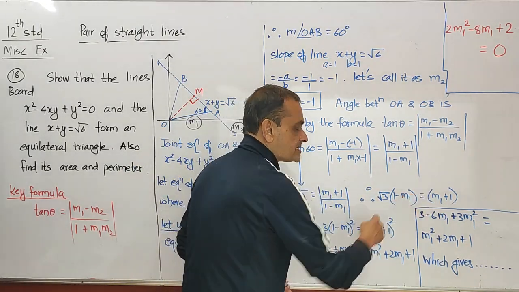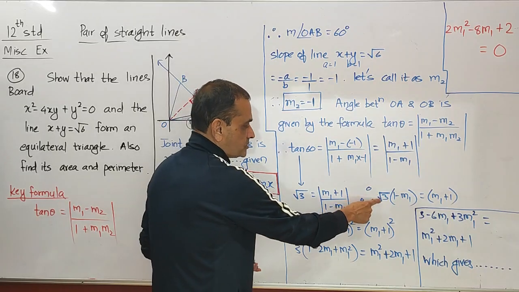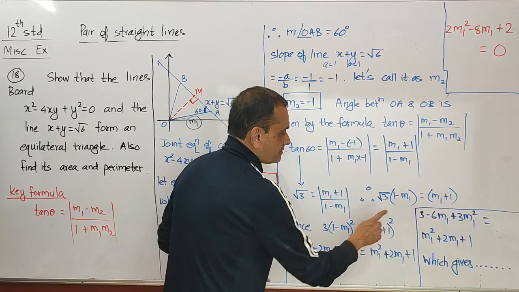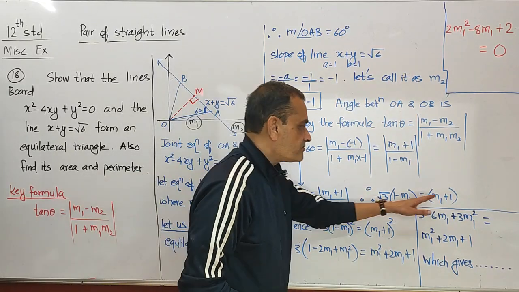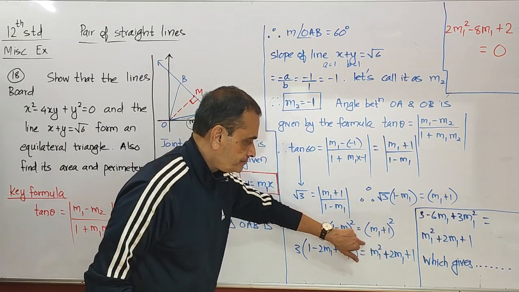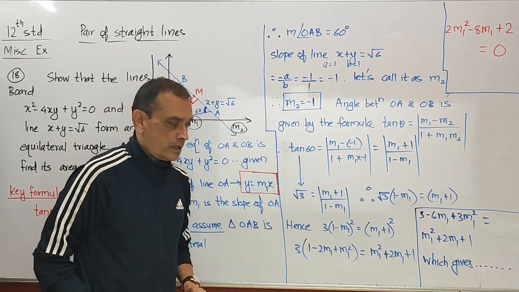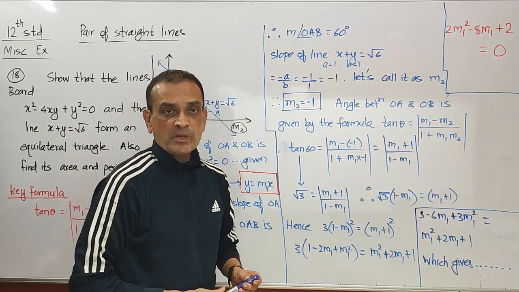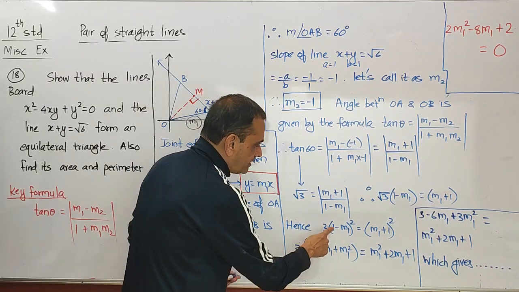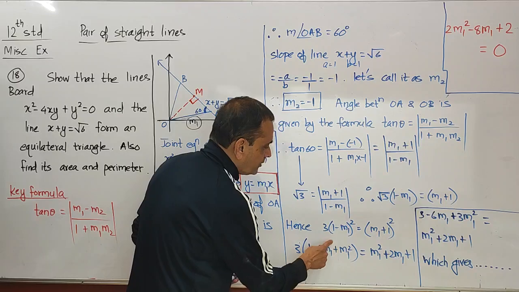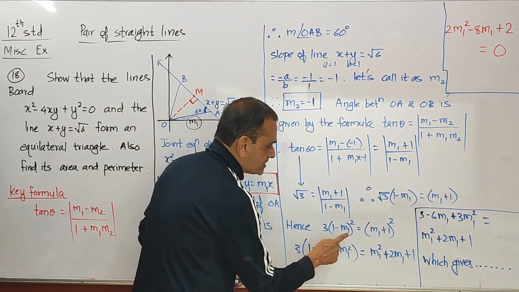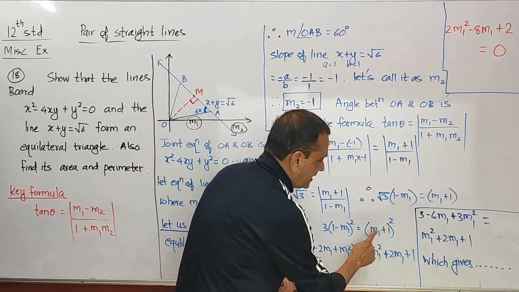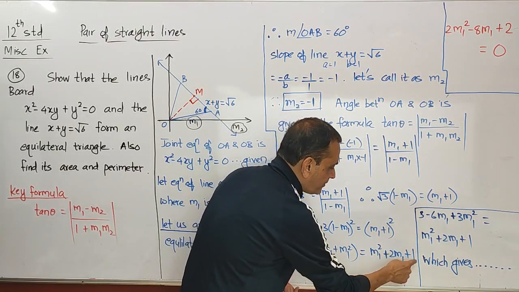So squaring both sides क्या मिलता है? Root sign गया यहाँ से. You get a square of this. You get a square of this. Okay? So squaring both sides, we get this equation. Now 1 minus m1 bracket squared, a minus b bracket squared, a squared minus 2ab, 2 into 1 into m1 plus m1 squared, a plus b bracket squared, a squared plus 2ab again plus b squared.